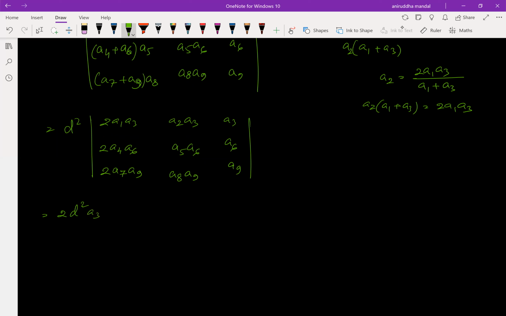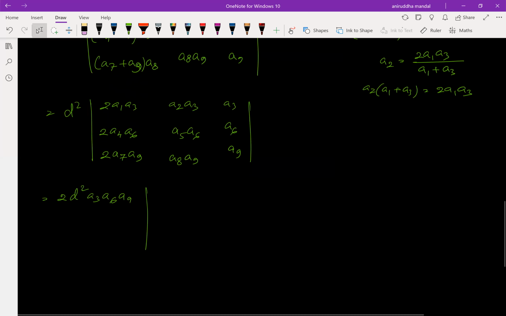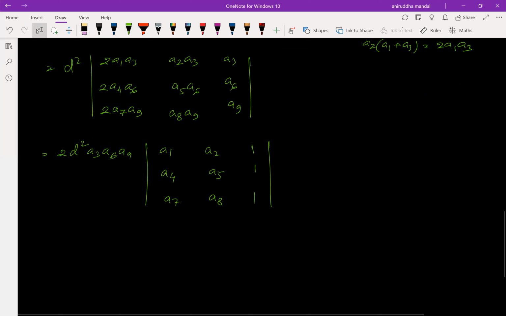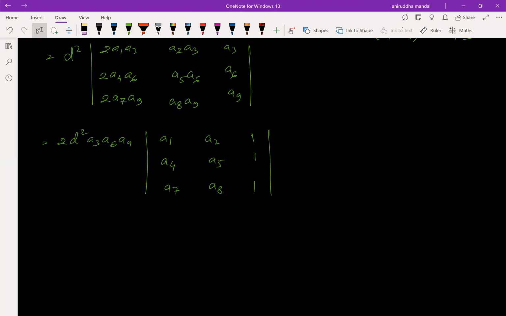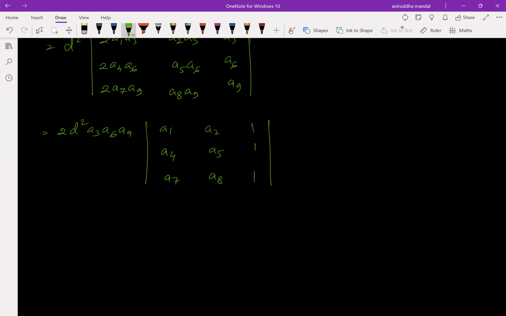So we can write this as a3, a6 and a9. So we are left with a1, a4, a7, then a2, a5, a8, and then 1, 1 and 1. Now we simply do this row operation: in R1 we write R1 minus R2, and in R2 we write R2 minus R3.